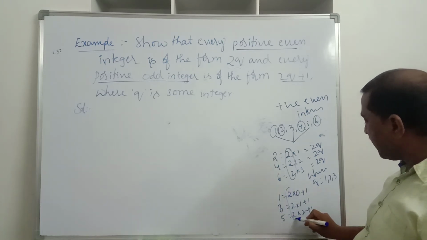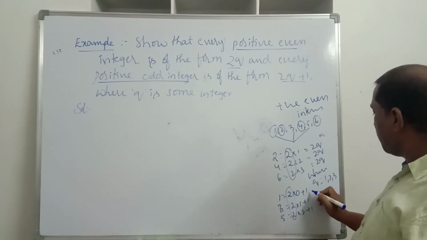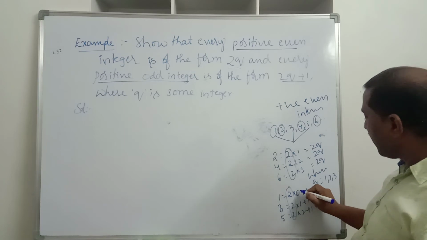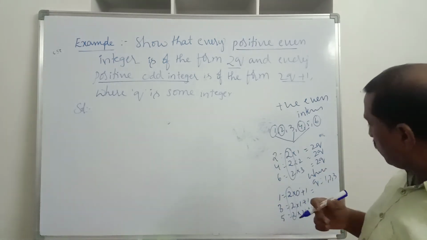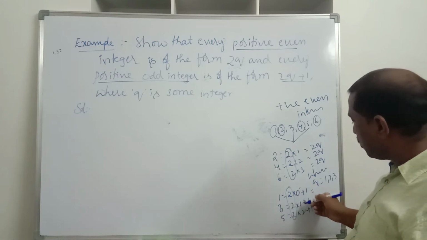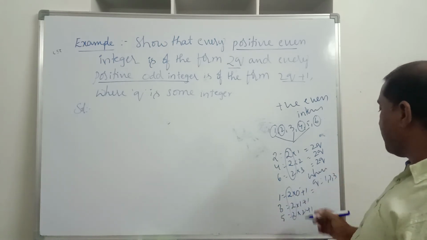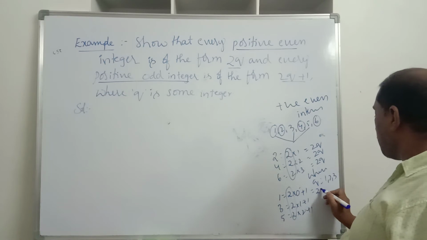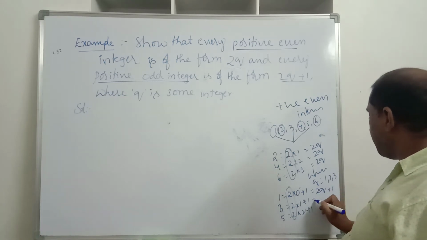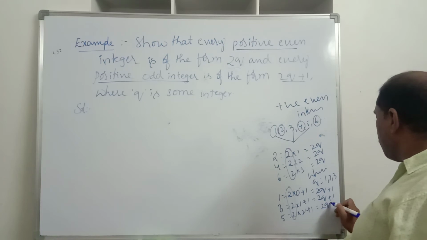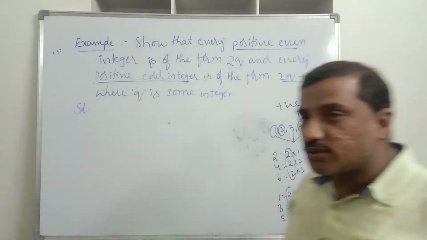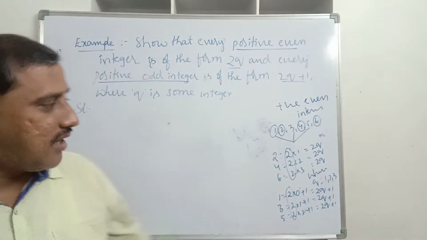If you observe here, 2 is common. So if you take 0, 1 and 2 as some integers, even we can call 0, 1, 2, 3 whole numbers or integers, then we can write these as 2q plus 1, where q is equal to some integer like 0, 1, 2, 3.